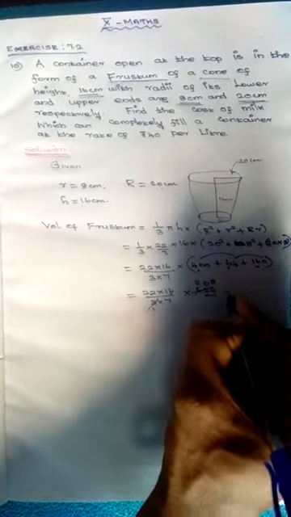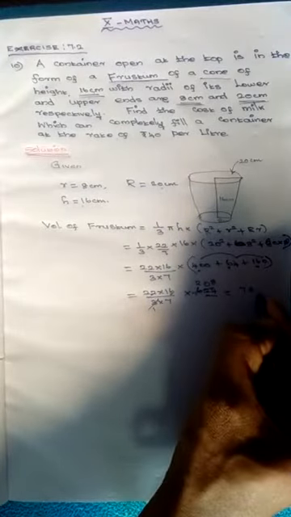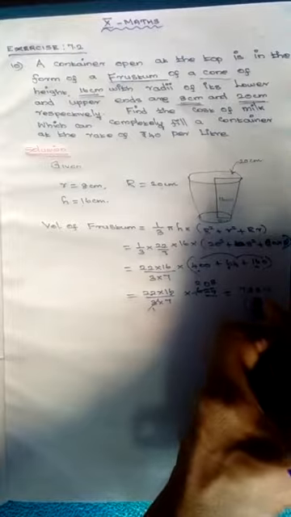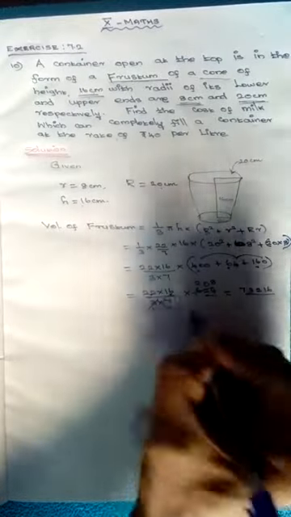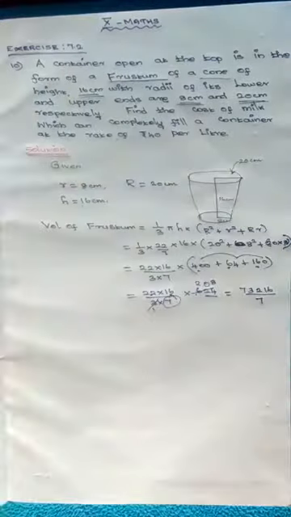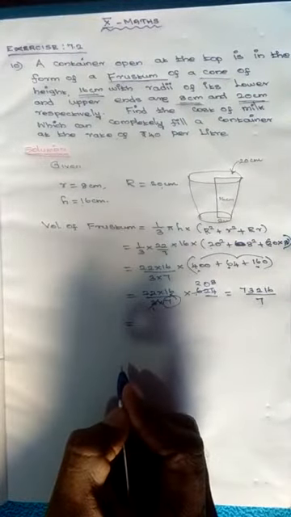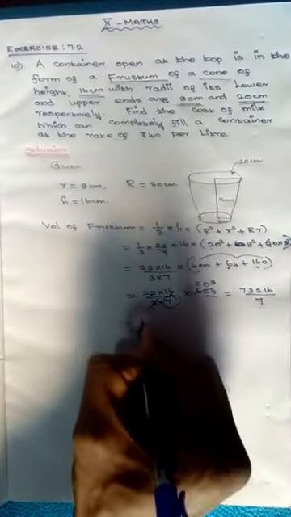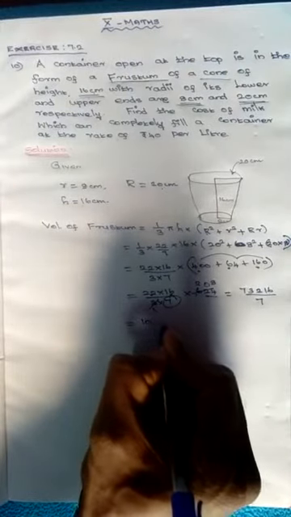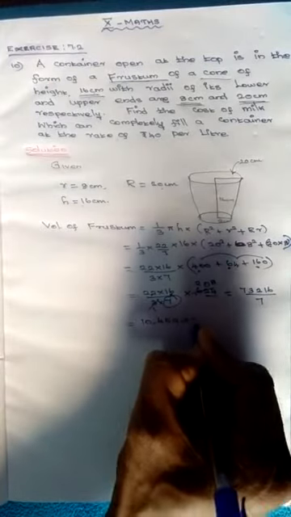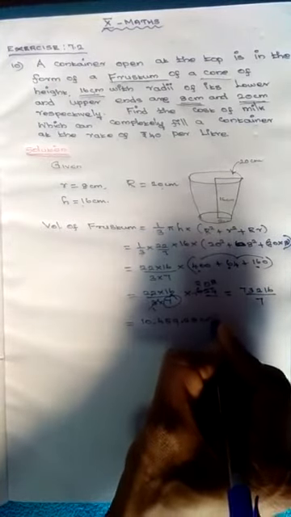So we get the answer 73,216 divided by 7. Simplify this answer and we get 10,459.28 centimeter cube.